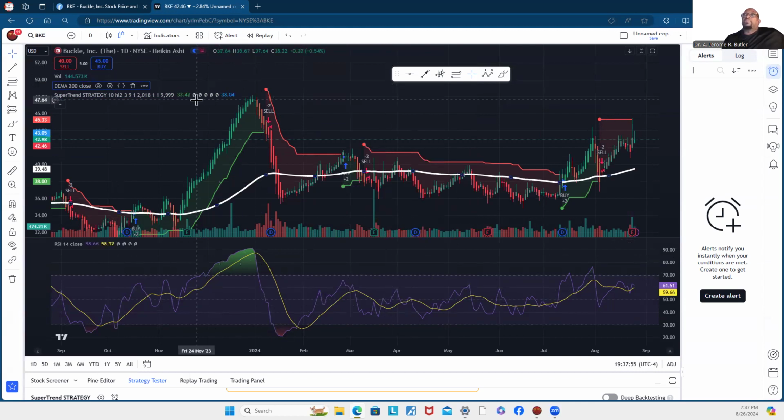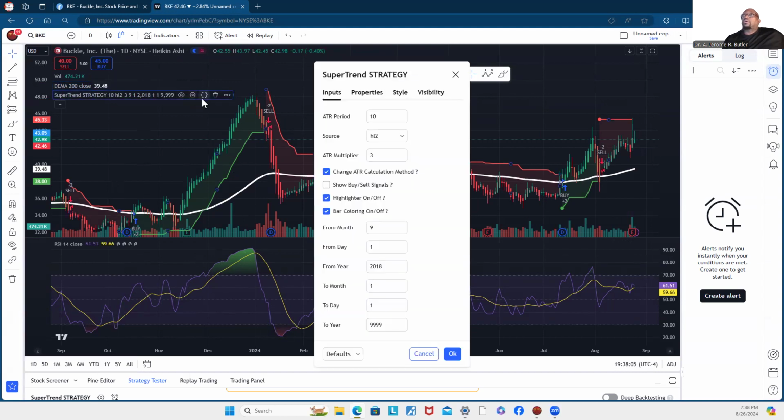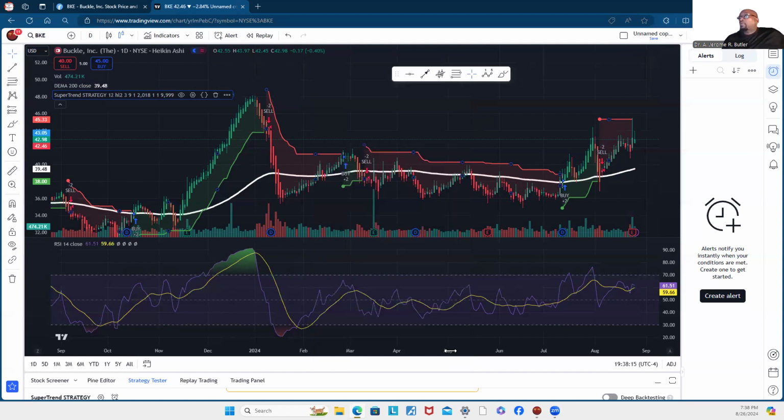And then we change the color. And then on the super trend, we're going to change our ATR to 12. Change our ATR to 12 and hit OK.